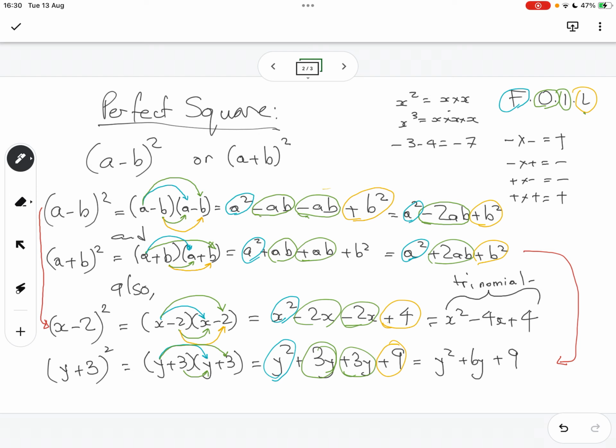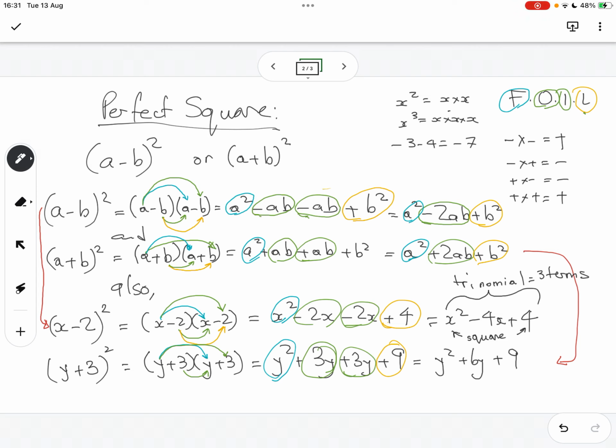So it's a three-term expression. You get a square at the beginning and another square at the end. The one in the middle is not a square, but the one that starts and the one at the end give you squares. That's what is meant by this. So the one in blue and the one in yellow are squares.